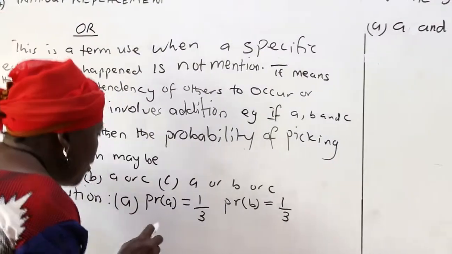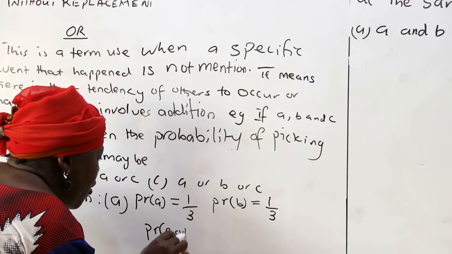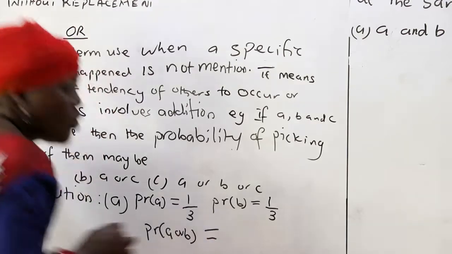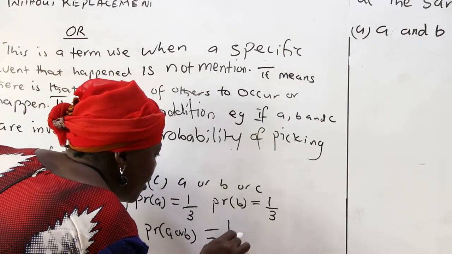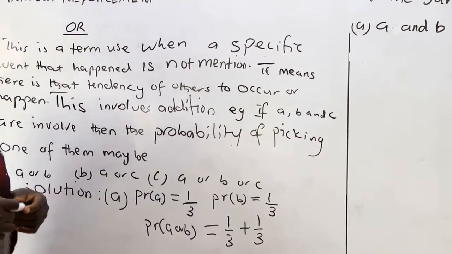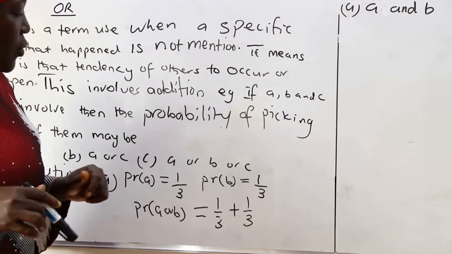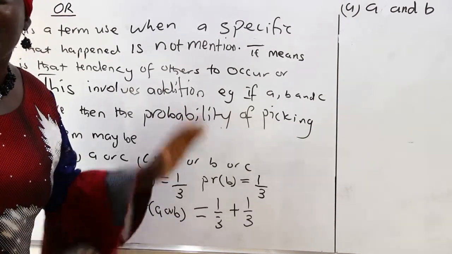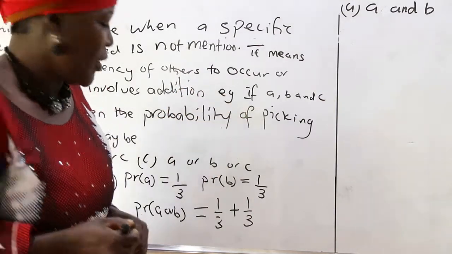So for having A or B, you now add, I say O is for addition. The probability of A or B is equal to 1 over 3 plus 1 over 3. From addition of fractions from your primary school, when they have the same denominator, just add the numerators over one of the denominators.